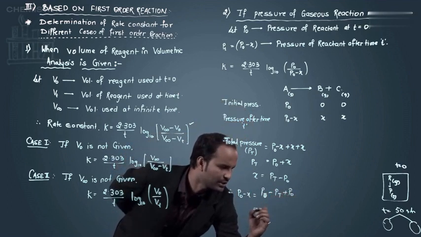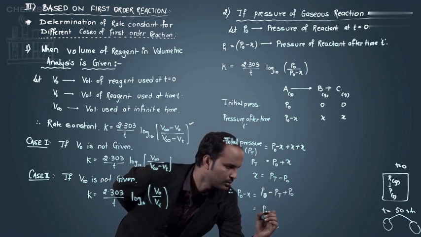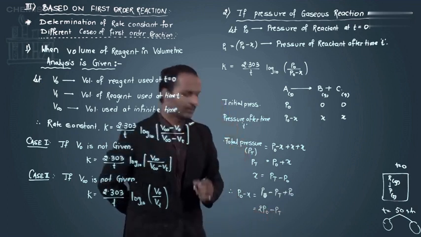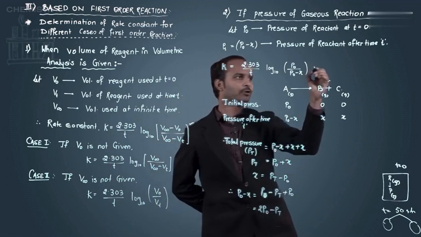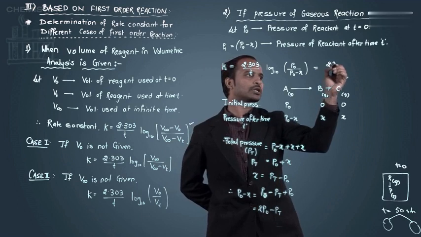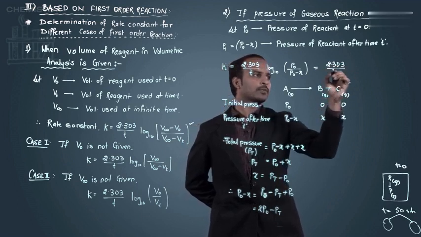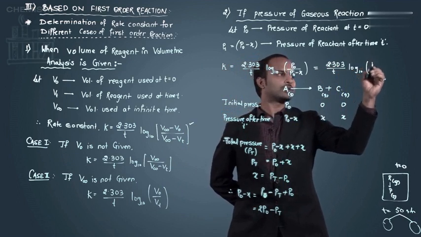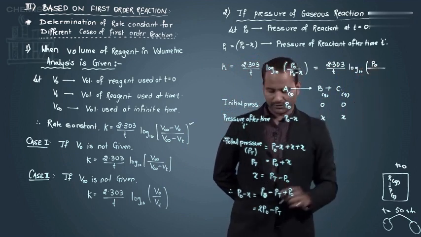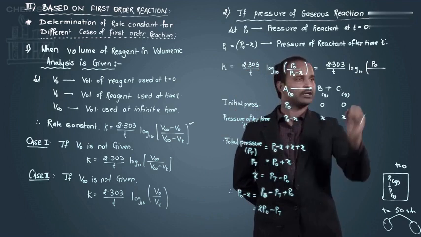So ultimately it will change to 2P naught minus PT. So if only two products have been formed, then this formula will change to 2.303 upon T log to the base 10 of P naught upon 2P naught minus PT.